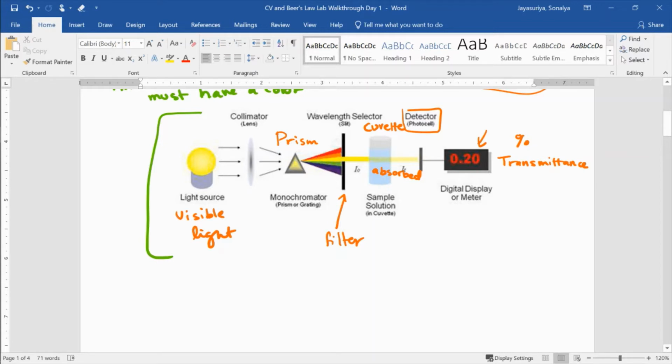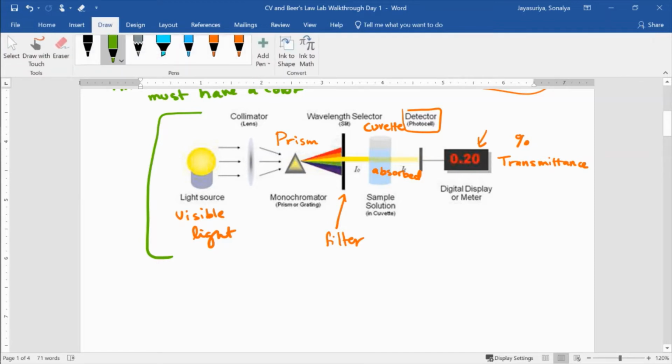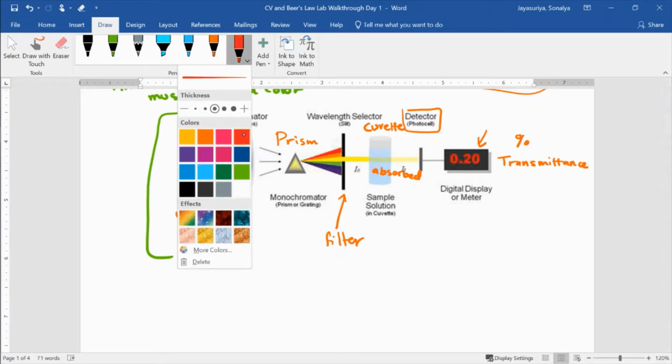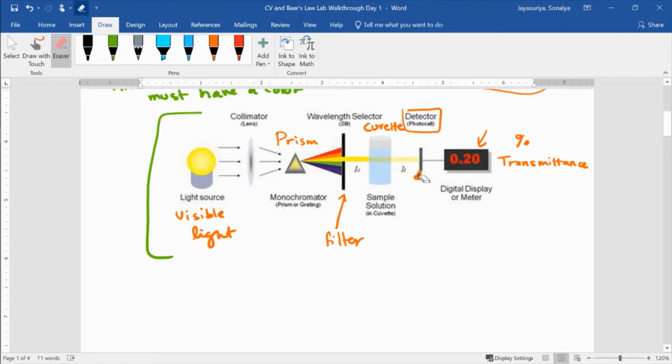So this percent transmittance is basically a ratio between the light that goes into the solution. Okay, let me erase some of this right here. Okay, so it's a ratio between the light that is sent into the solution and the light that actually comes out of the solution and then is collected by the detector, and then the number shows up on the screen.